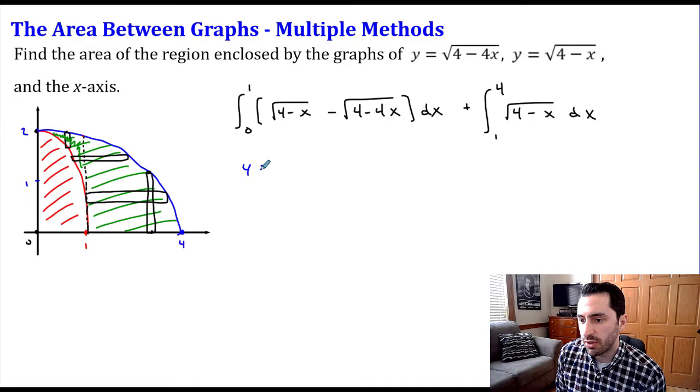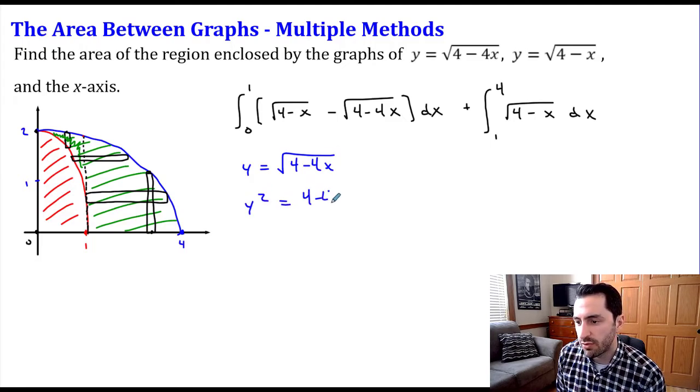So for that first one, y is equal to the square root of 4 minus 4x. Starting off, we'll square both sides. So y squared is equal to 4 minus 4x. And then we can subtract 4. So that's y squared minus 4 is equal to negative 4x.